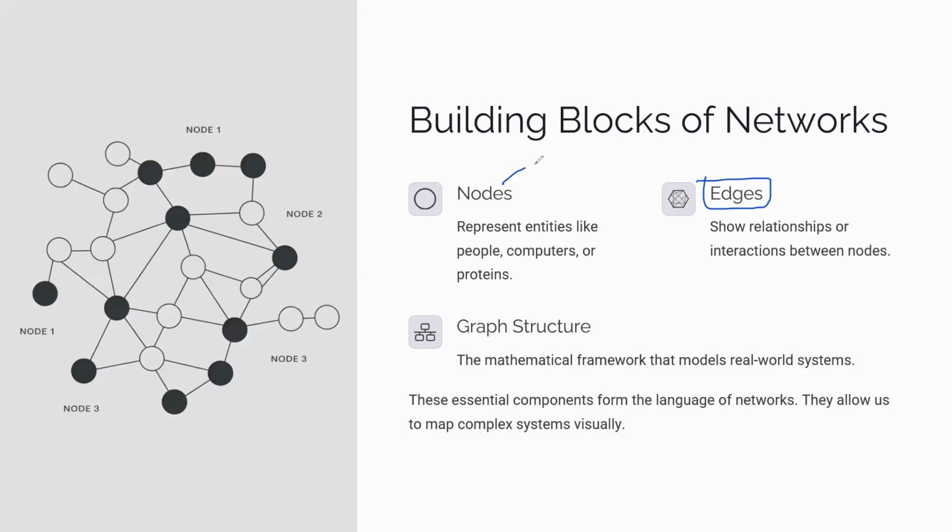The nodes are also called vertices, and edges are the connections between these vertices or nodes. Collectively, we get a graphical representation in a diagram form, where the circles represent the nodes and the lines connecting these circles are our edges. These are the essential components that we need to remember.